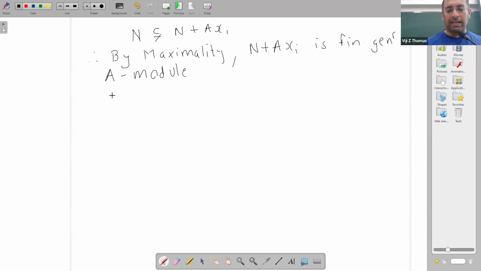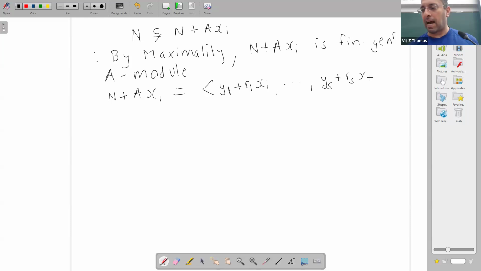So let's assume it is finitely generated by elements of the form yi plus ri Xi, that is y1 plus r1 Xi, ..., ys plus rs Xi, where yi belongs to N and ri belongs to A. Right? It is finitely generated.